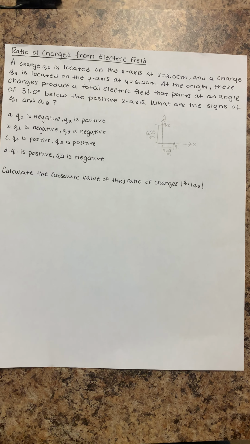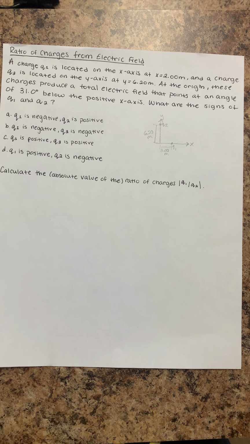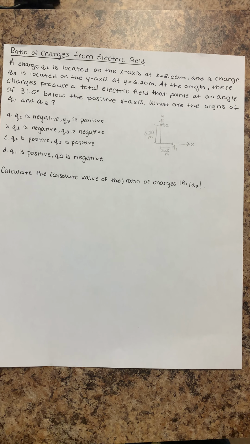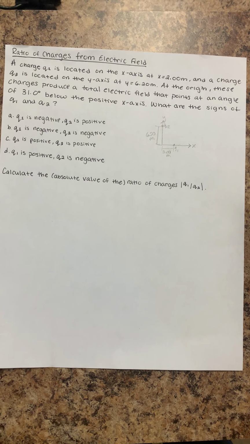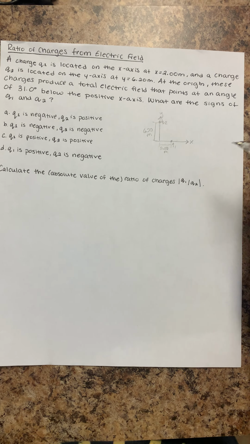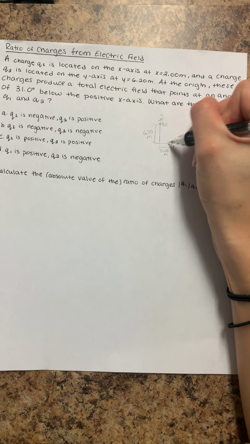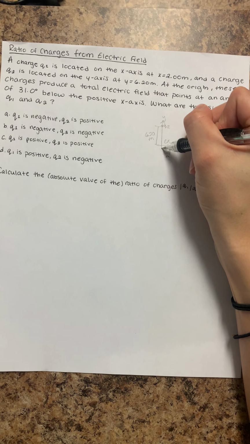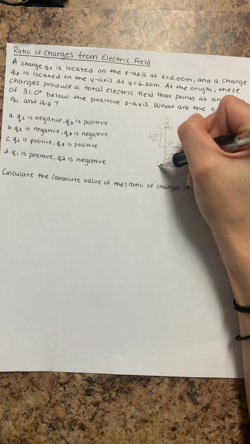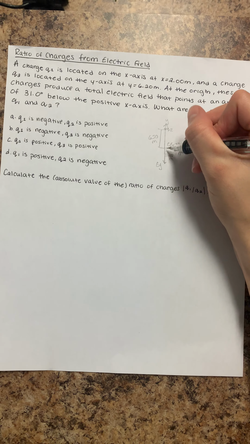In this example, we know that the x component of the net electric field is only caused by Q1, and the y component is caused only by Q2. So we have EX going this way, and then we have EY going that way.